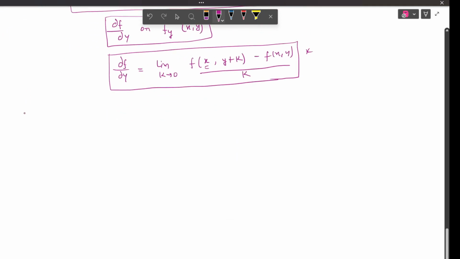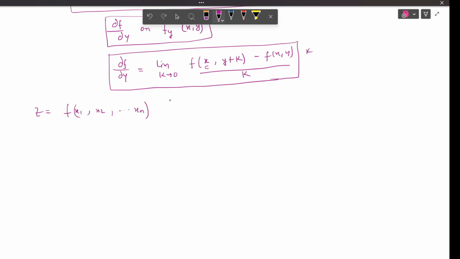Now let us say we have a function z as f of x1, x2 up to xn in this manner. This is a function of n number of variables. So you can say this delta z upon delta x2, let us say, means del del x2 of f.